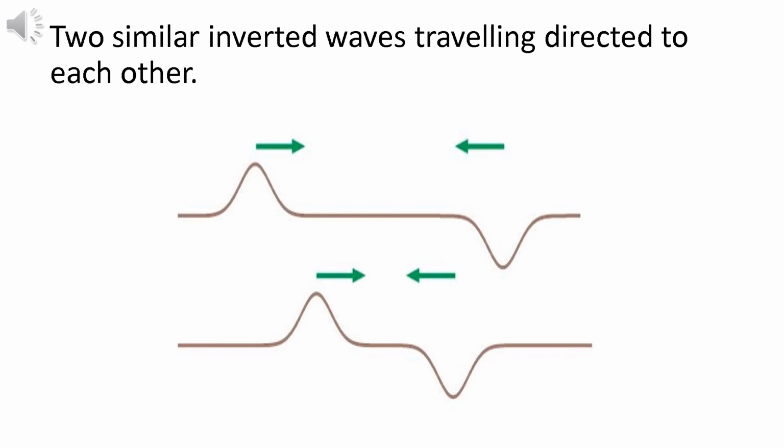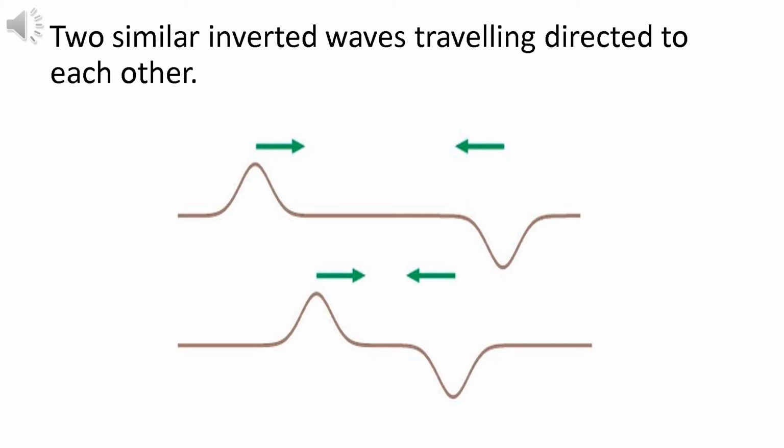Next, two similar inverted waves traveling directed to each other. So kung makita nyo sa picture, di ba? Dalawang waves yung nagta-travel pero magkaiba sila ng position. For example, yung first wave is in the Y positive, meanwhile the second wave is in the Y negative. Okay?